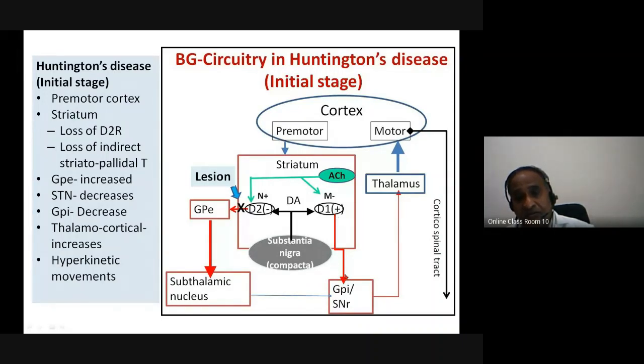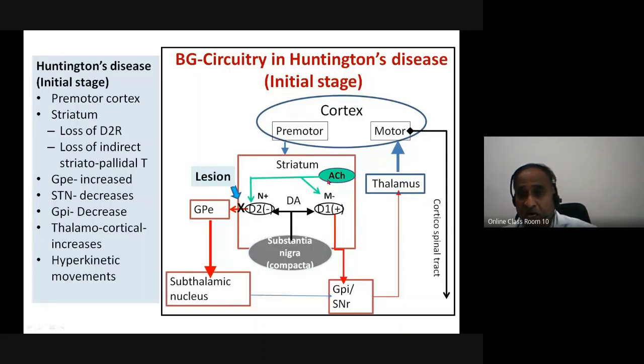The direct pathway is inhibitory, and there is less excitation from the indirect pathway. So this output is decreased because it suppresses the GPI activity. And the output going to the thalamus is suppressed. So now from the thalamus, whatever output goes to the motor cortex, the thalamocortical projection, is enhanced.